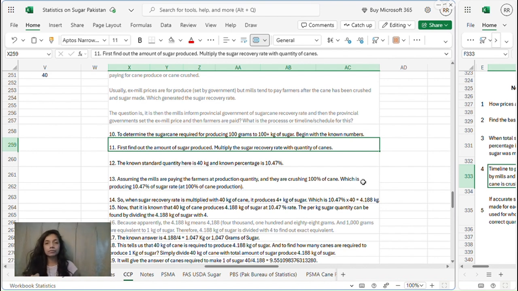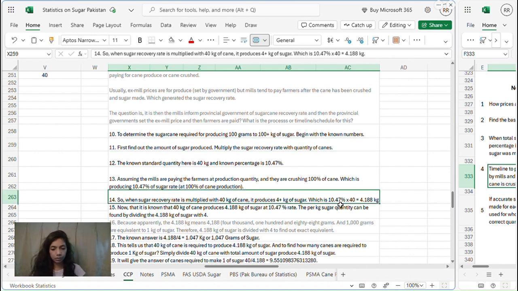So regardless of the quantity of cane, when we multiply the sugar recovery rate with the quantity of cane, we get the amount of sugar produced with respect to that recovery percentage.